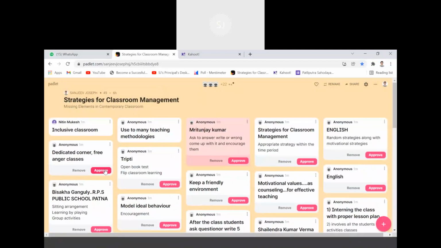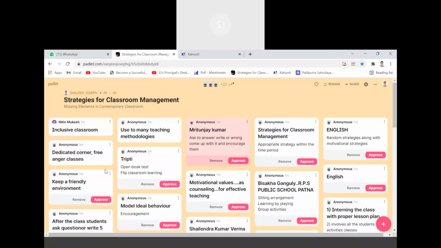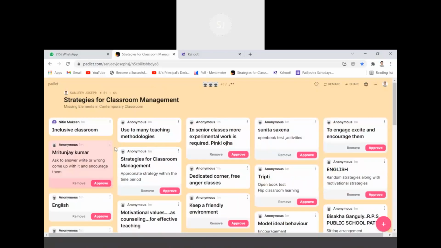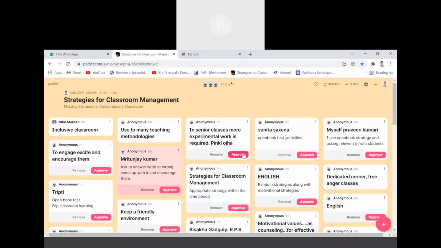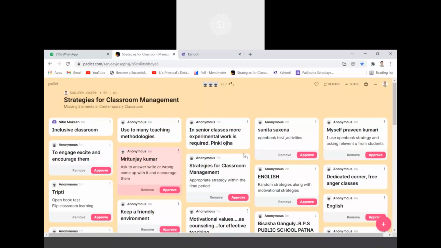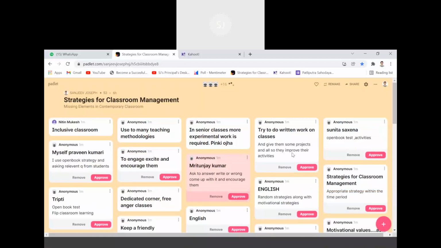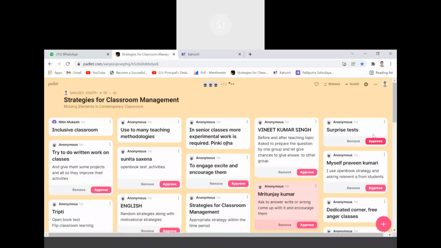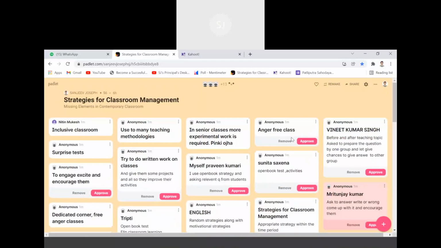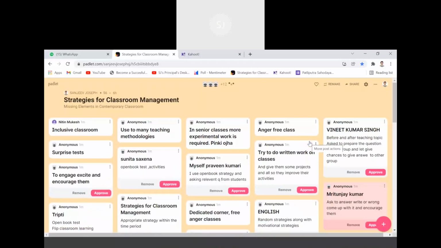Keep a friendly thing, dedicated corner, anger free class. Very good. Good strategy, inclusive classroom. In senior classes, more experimental work is required. Pinky Ocha again. Sunita Saxena tells open textbook, surprise test, anger free classes, someone is telling.